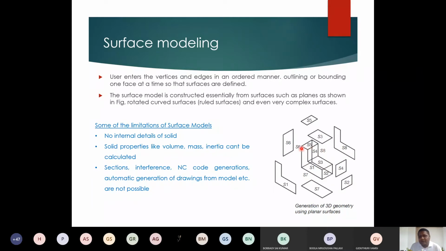After creating the straight lines, they also developed mathematical techniques which can identify whether the lines belong to a closed loop, and if it is a closed loop, what its area is. So some additional techniques got developed on top of the wireframe model.